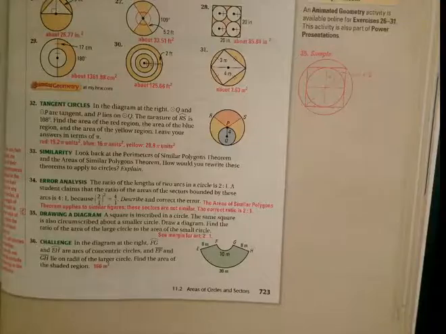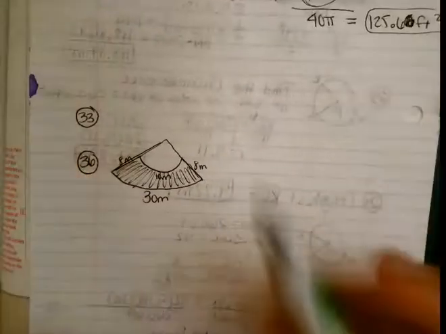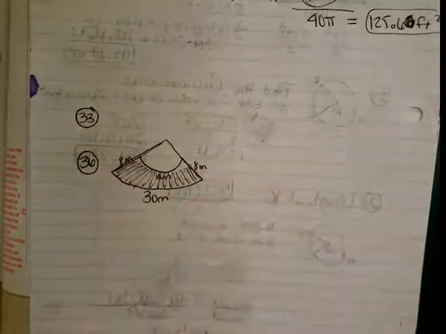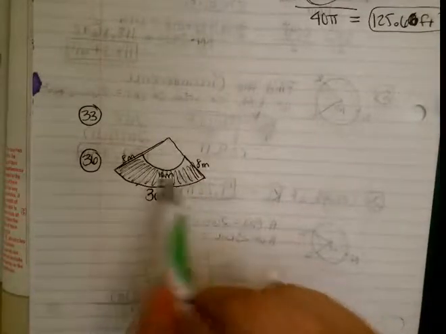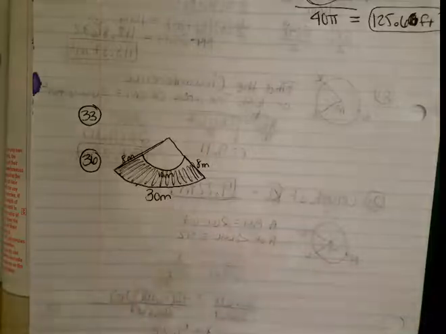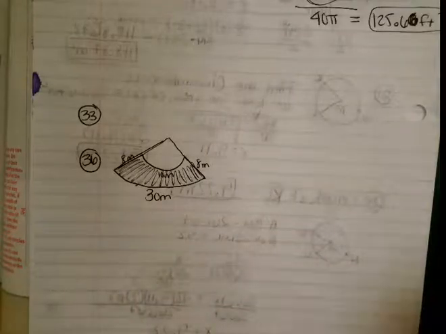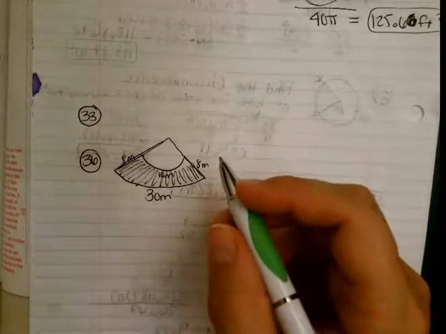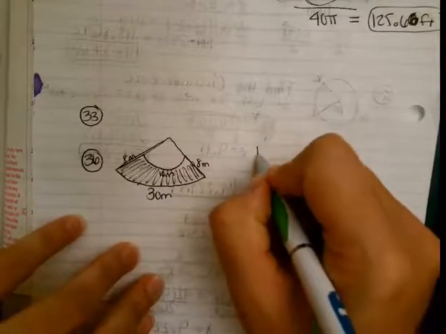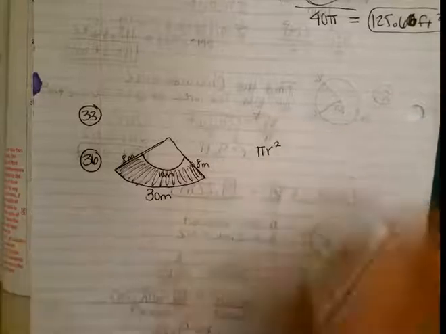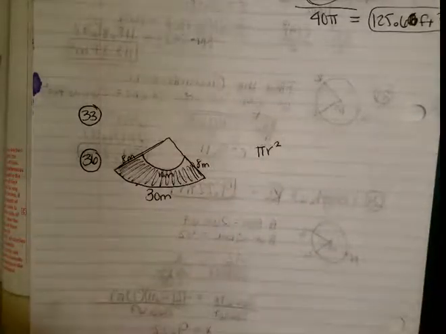Okay, so I'm going to just extend this picture out like a slice of pizza. So I need to know the area of this slice minus the area of this slice. So in order to do this, let's think about this. The area of a sector of a circle is pi r squared, but a portion of it, right? If we were to do this one, what is our radius of the whole thing?